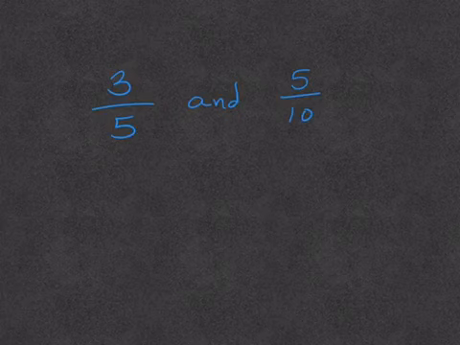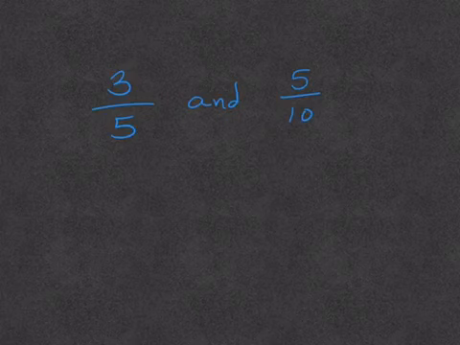All right, guys, so like I said, I'm going to show you a few different ways to compare fractions that have unlike denominators and numerators without using number lines, okay? So this one right here, I have 3/5 and 5/10. What I'm going to do first is check to see if one of my denominators has a factor of the other.